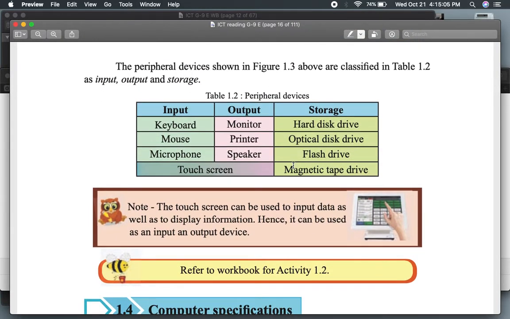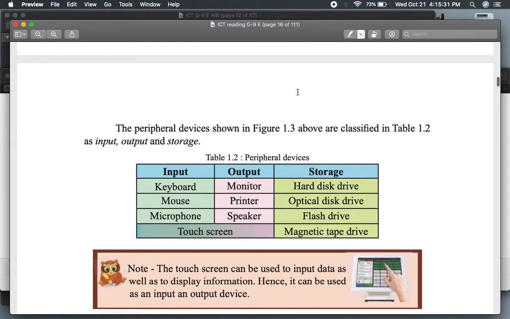The peripheral devices shown in Figure 1.3 above are classified in Table 1.2 as input, output and storage. So we have Table 1.2 with the peripheral devices listed out, and the table headings input, output and storage. Let's look at the input part.